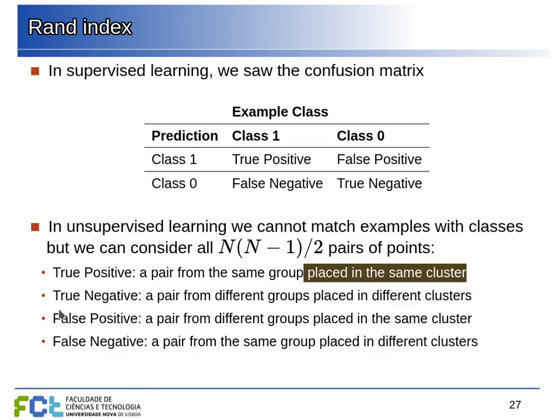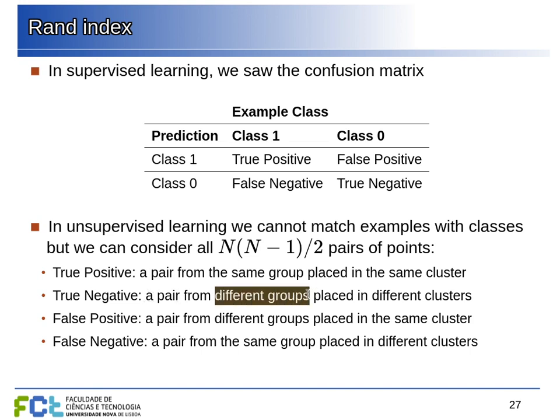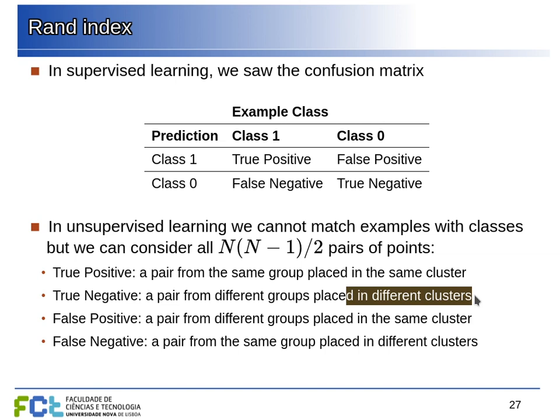A true negative will be a pair of points that come from different groups and they are placed in different clusters. Again, we cannot compare directly the labels of the clusters to the labels of the groups, the classes, or things like that, but we can check if they come from different groups and are placed in different clusters.